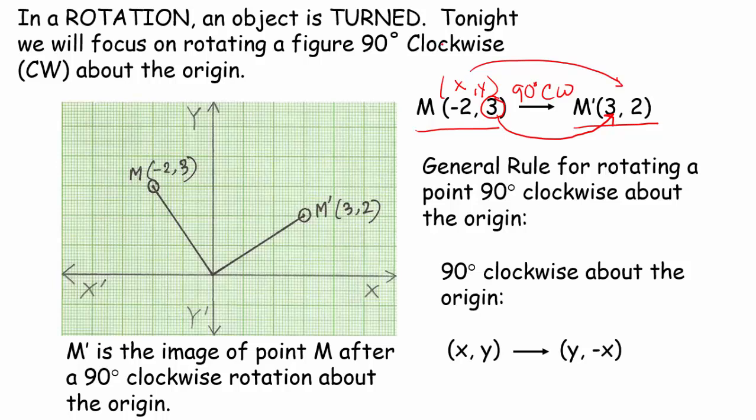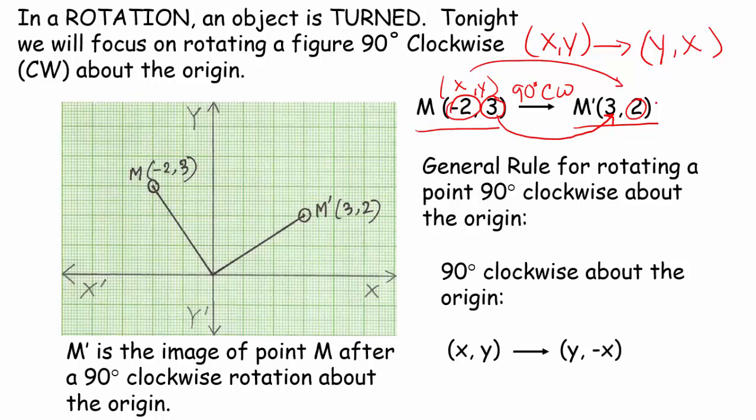The first step is that our X, Y will become, or will reverse itself and become Y, X. That is the first thing I am going to do with my points or my coordinates. I'm going to switch their order. So X, Y will become Y, X. But then notice here, I started off with a -2 and it ended up a +2.